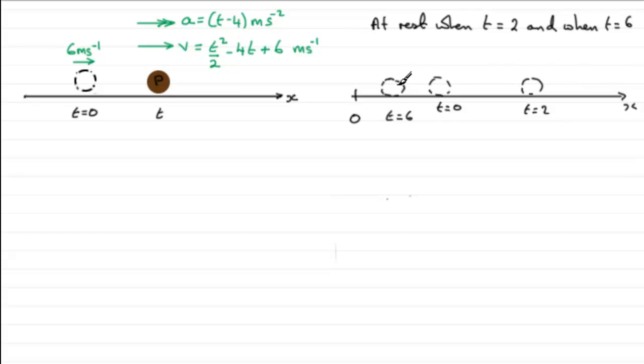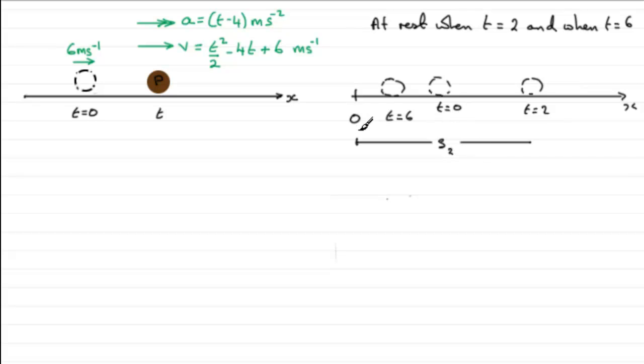So when we're trying to work out this distance between the two points when it's at instantaneous rest, I really want to figure out where it is, what that displacement is from a fixed point O, when t equals 2. Let's call that S at t equals 2, S2.